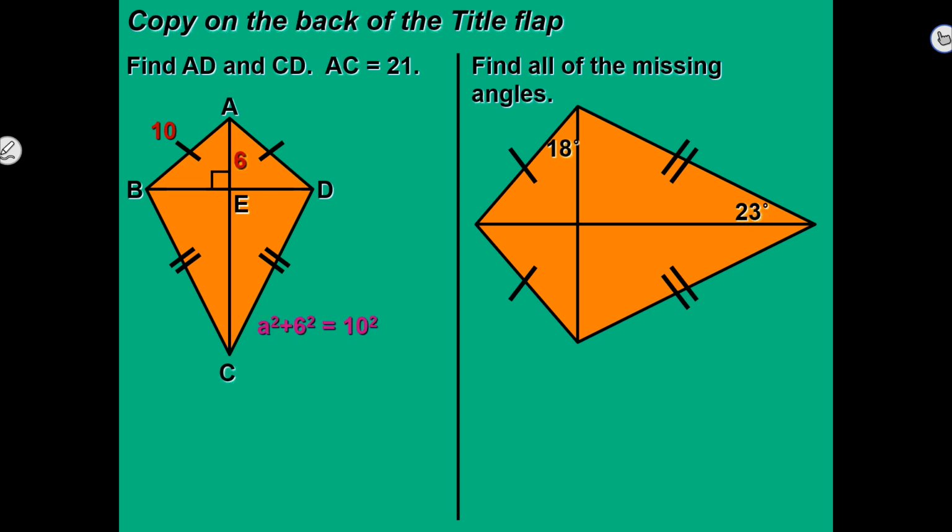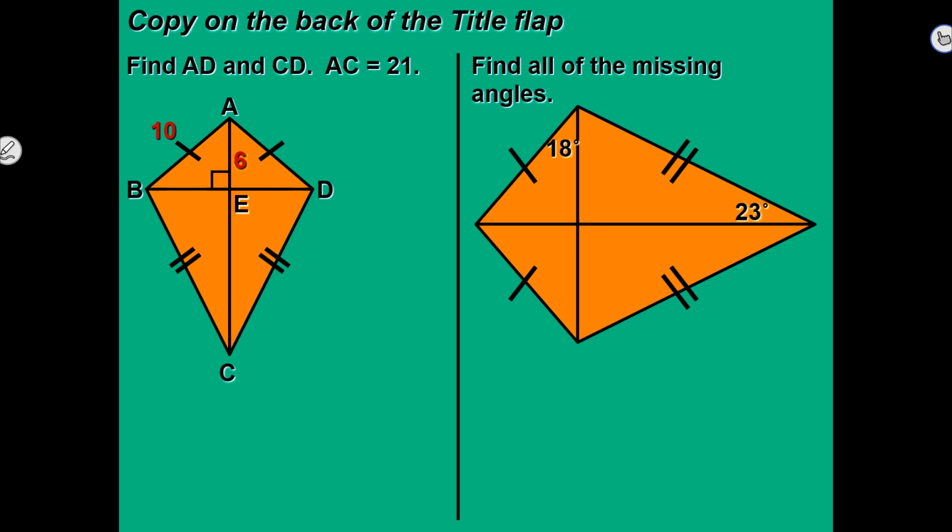Okay, we also know that we have these right angles around here. So when I go to look for CD, I end up having all of these right triangles, right, where we know some information already. If I know this piece is 10 and this piece is 6, what could I do to find BE? Pythagorean theorem, right? And then I'll know a piece of this right triangle as well.